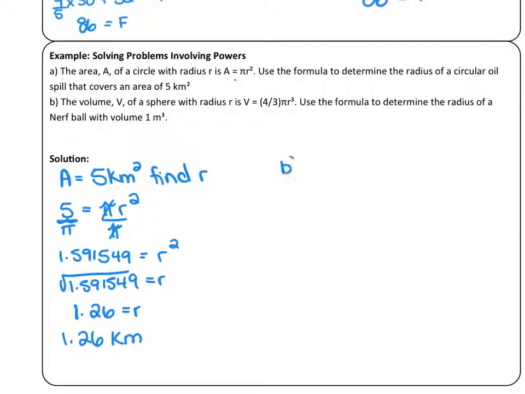For B, we'll kind of do the same thing. Use the formula to find the radius when the Nerf ball is 1 meter cubed. So 1 meter cubed is our volume. 4/3 pi r cubed. So I'm going to move that 3 first.